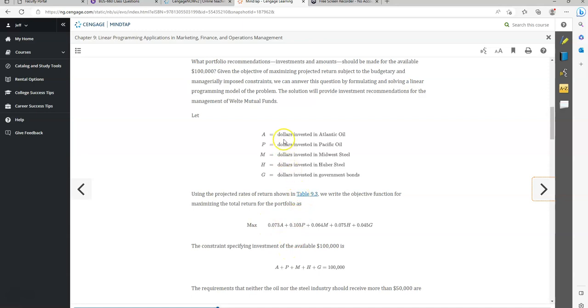Because these are stated in terms of the amount invested, the first constraint is A plus P plus M plus H plus G. The total amount you invest must be equal to $100,000.